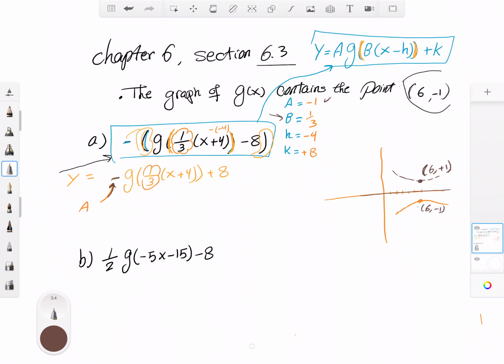So we did A. Now we look at B. B is 1/3. We usually do the opposite, so we're going to stretch horizontally by a factor of 1 over 1/3, which is 3.